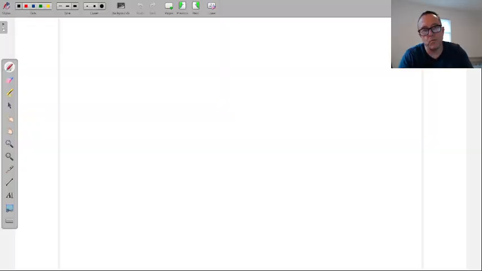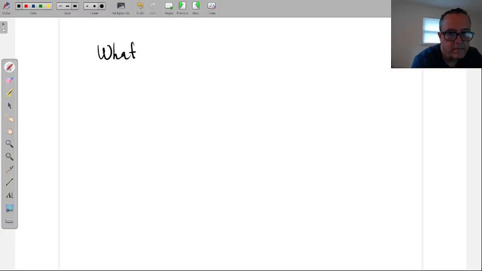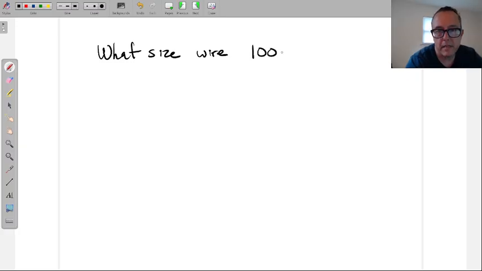The way the question will look or be asked is, for example, what size conductor wire do we need for 100 amps, let's say? Actually, we'll add something to this. What size, and here's where we'll put the insulation type, let's go with PVC.